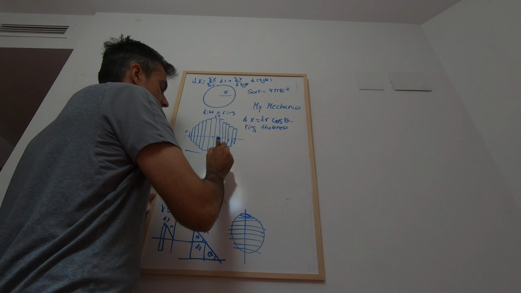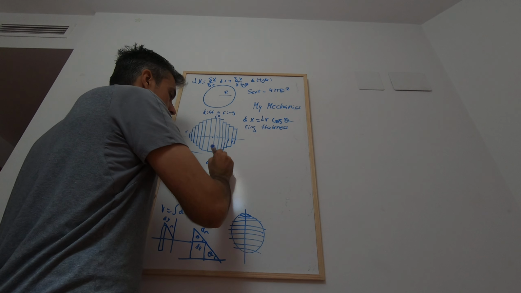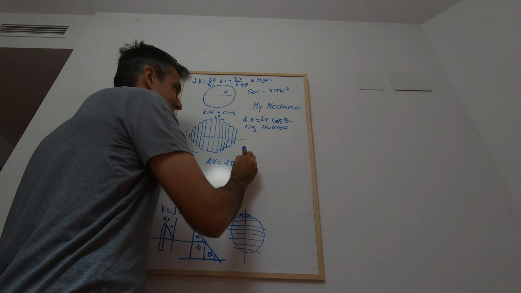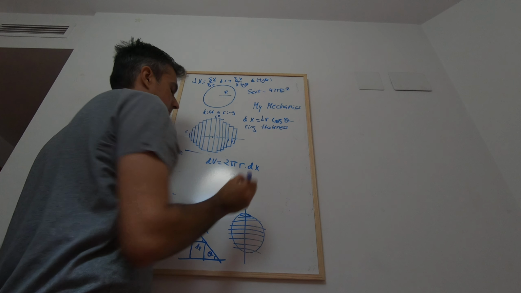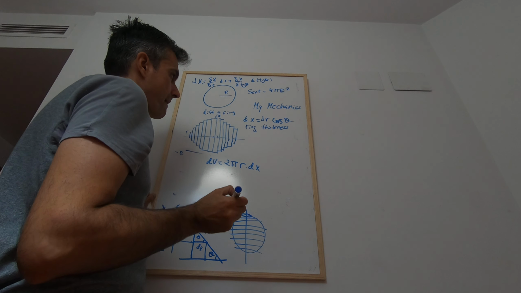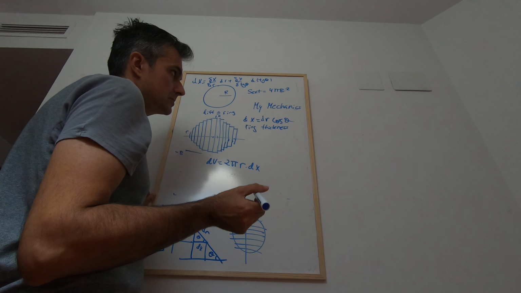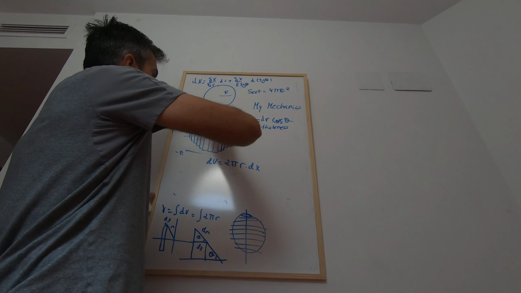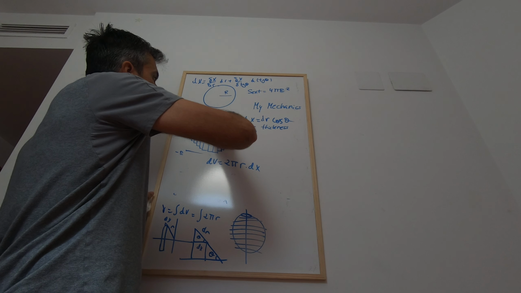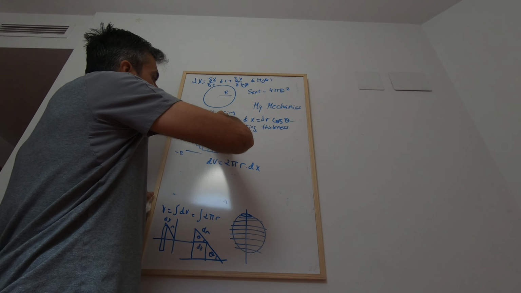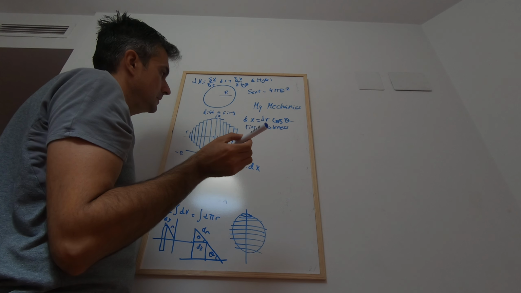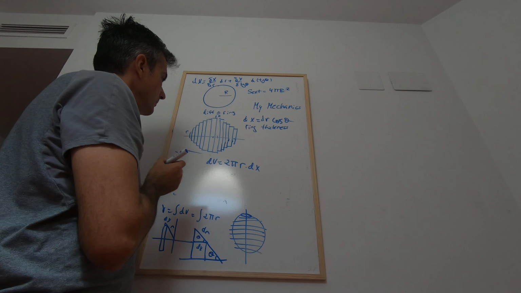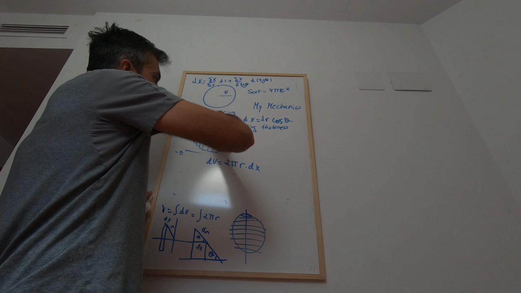So the differential volume is going to be 2 pi r times dx. That makes sense, but the cosine, I don't know how to do it. The angle is going to change from 0. What if I do only half, and then the other half will be double, from 0 to 90?